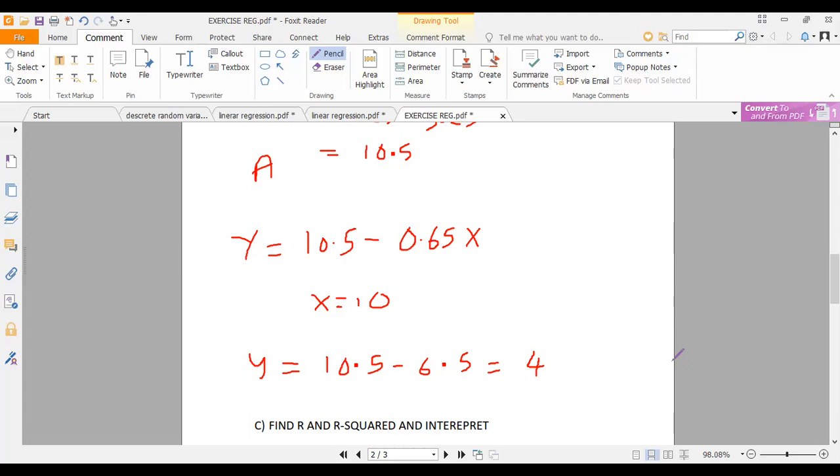Then now we are going to find the R and R squared. Who remembers what R stands for?